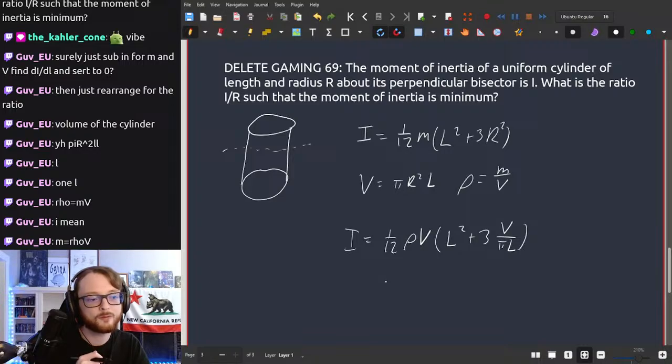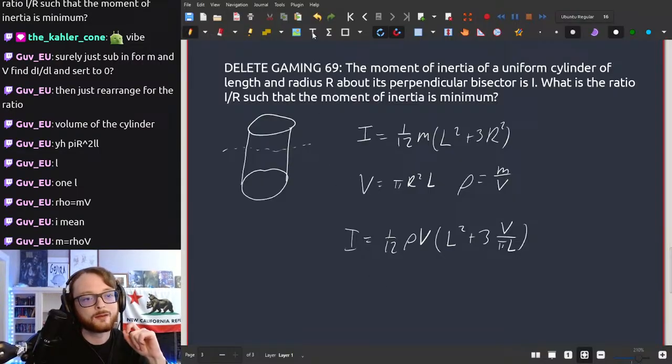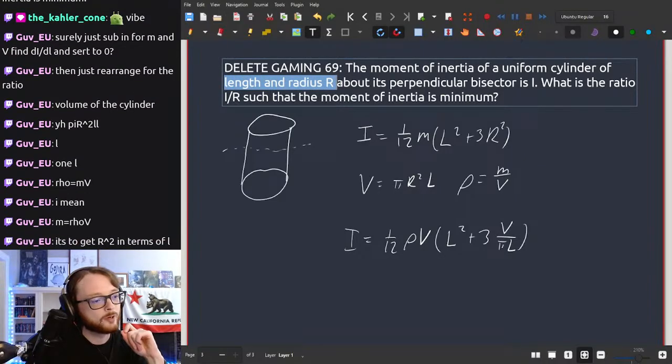So one of the issues here is that as Delete Gaming originally posted it, the length and radius are both R. I assume it's a typo, but they haven't said anything else in chat. I feel like they just put the question in chat and left, from how it seems.